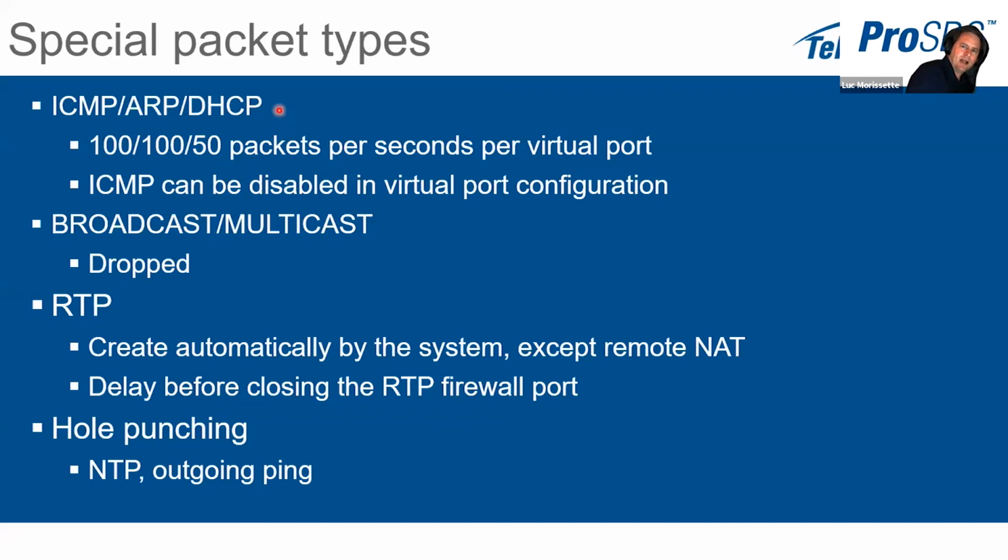ICMP can be disabled in the virtual port. Okay, so for each virtual port, you can say, well, I don't want at all to respond to ICMPs. ICMPs are pings, right? Ping requests. So you can say, I don't want to have ICMP requests.